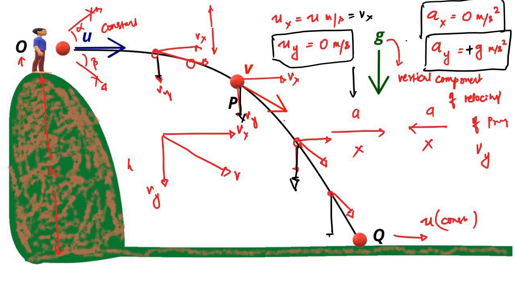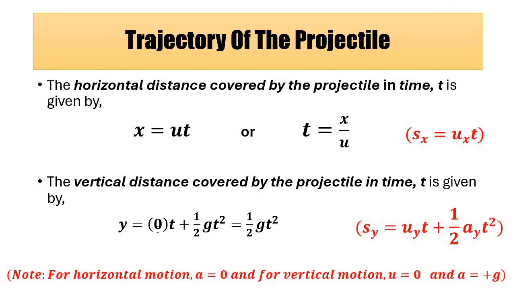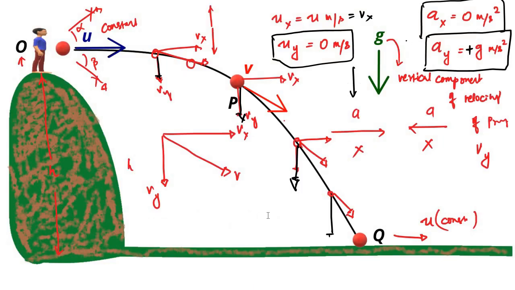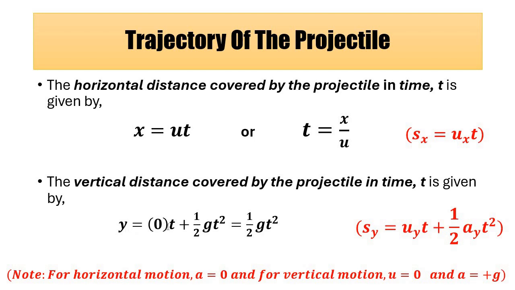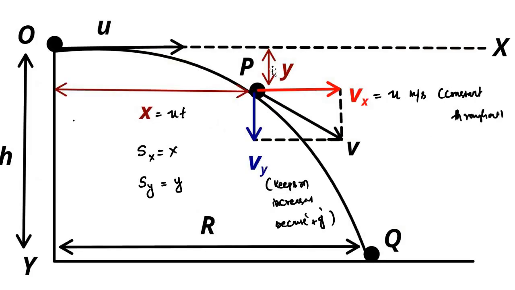So uy will substitute 0. After a certain period of time t, we keep it as it is. Ay is equal to plus g. So we have y is equal to 1/2 gt square.